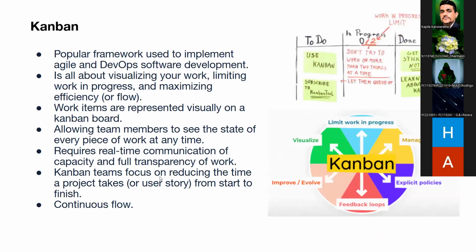The other one is Kanban. That's also a popular framework, but Kanban is mostly used on DevOps, software maintenance, or software services projects. These are deployment projects or services projects. Think of it this way: once some software goes live, there will be live issues, and support or maintenance activities have to be performed for many years.